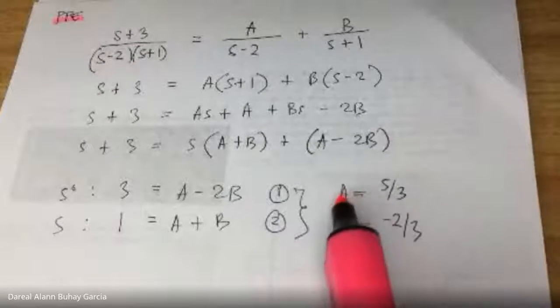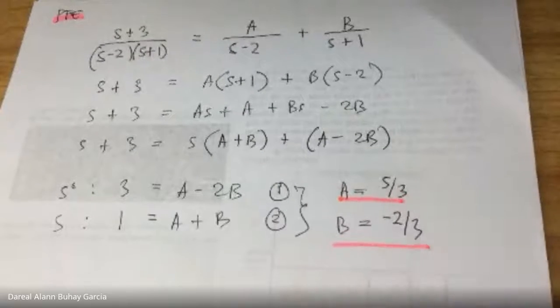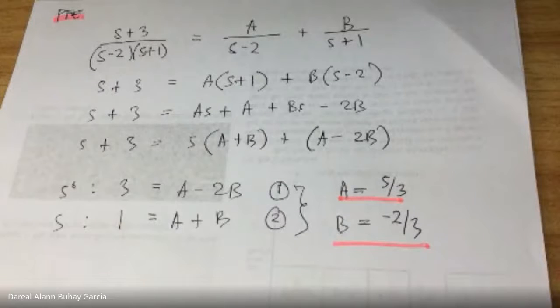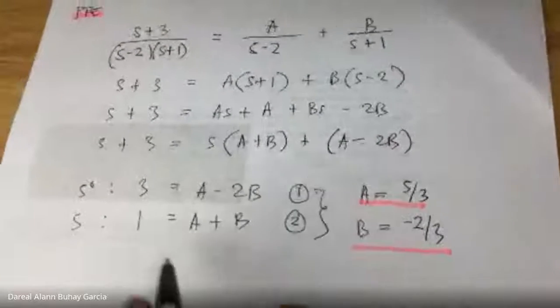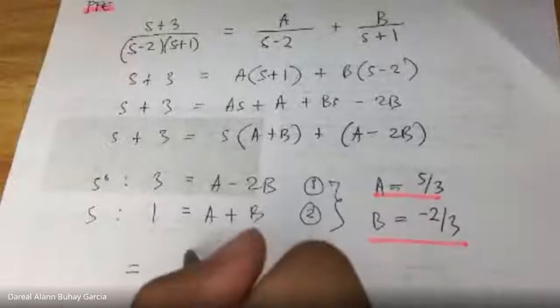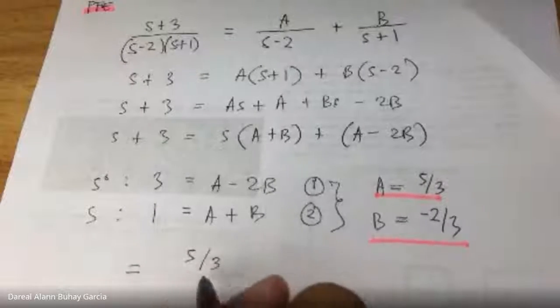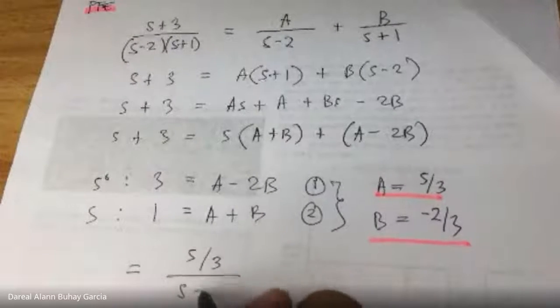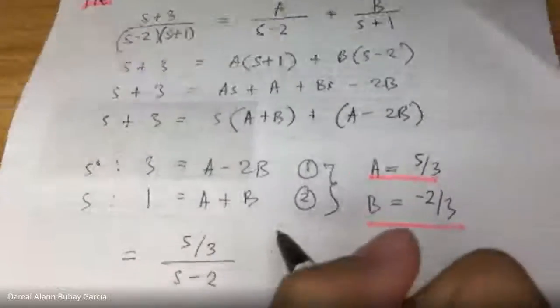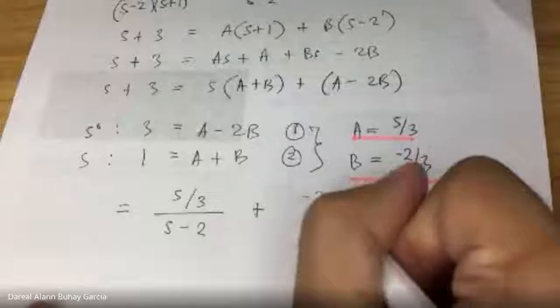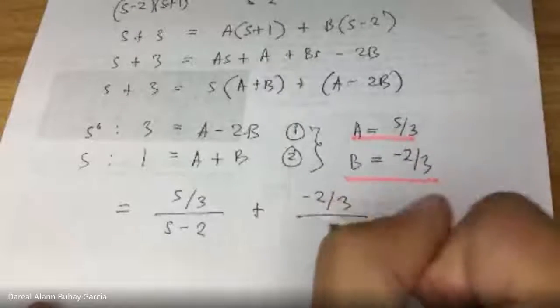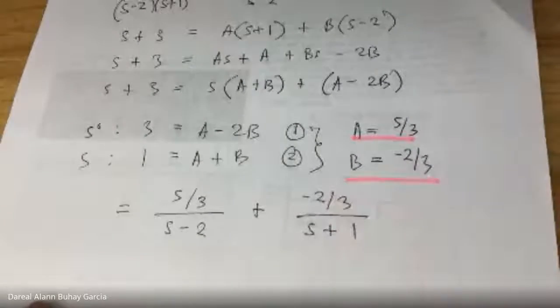So, these constant coefficients give us 5 over 3 over s minus 2 plus negative 2 over 3 over s plus 1.